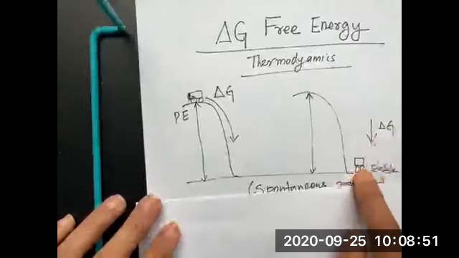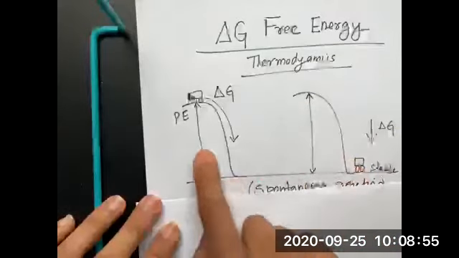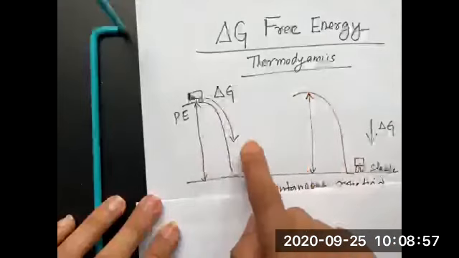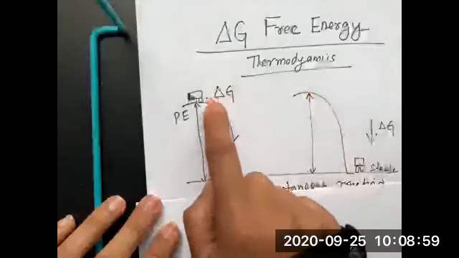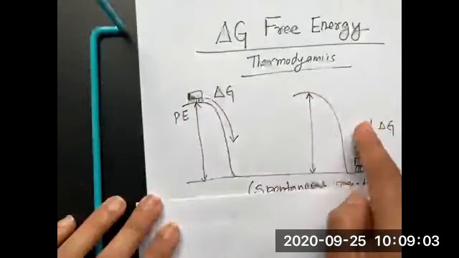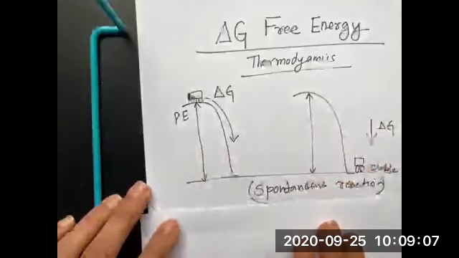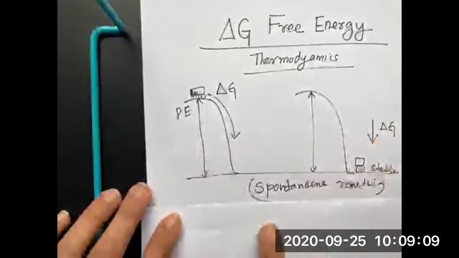There is really no potential energy, and it has lost the kinetic energy in the process. So that's another way of looking at delta G. If the delta G, or this free energy, decreases in a process or a reaction, it becomes a spontaneous reaction. We don't need to do much for that, okay?